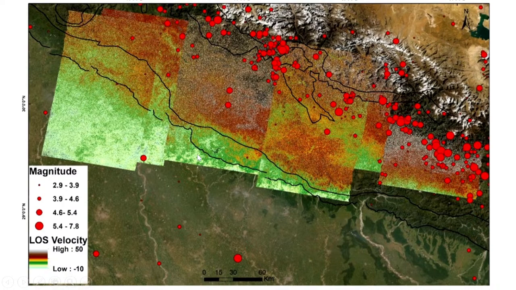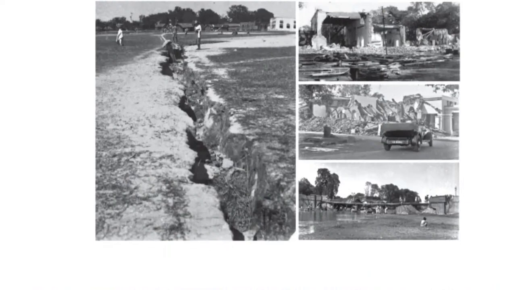And we are basically doing the joint inversion of seismic and SAR data. Here you can see the complete rupture of the Nepal Bihar earthquake. And here you can see the sand injection also, which took place due to the megathrust earthquake.